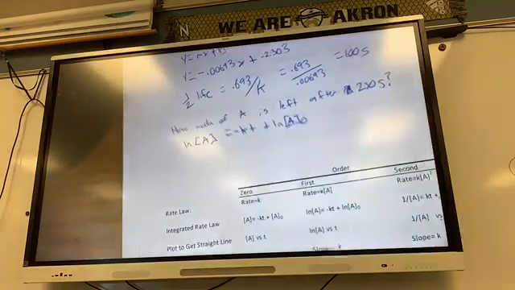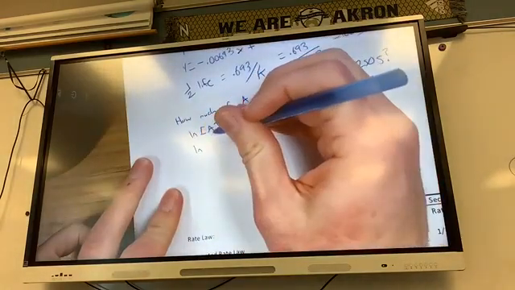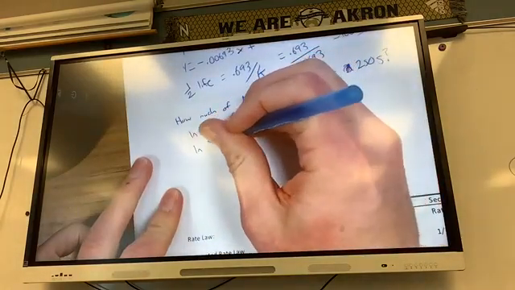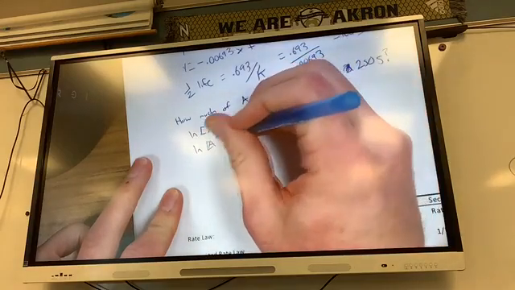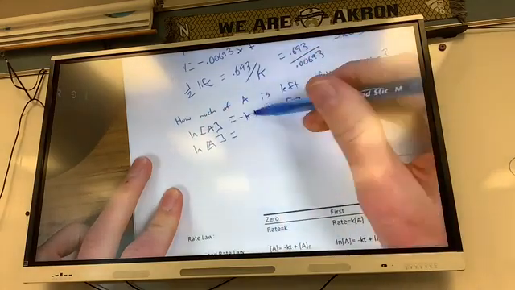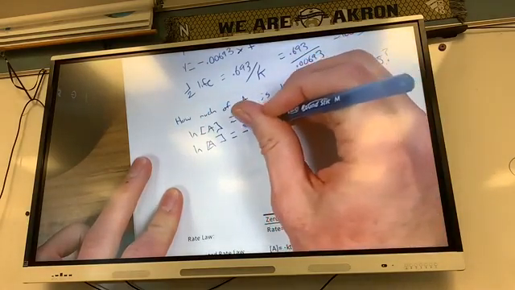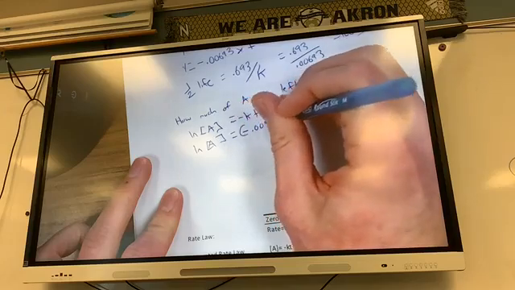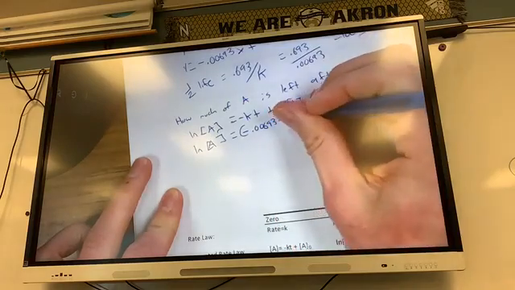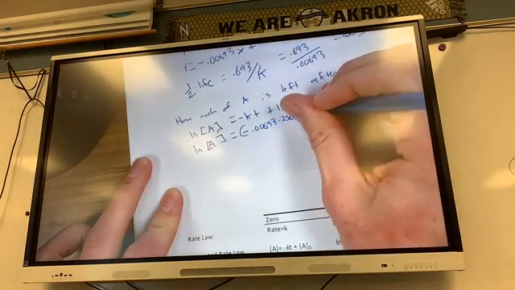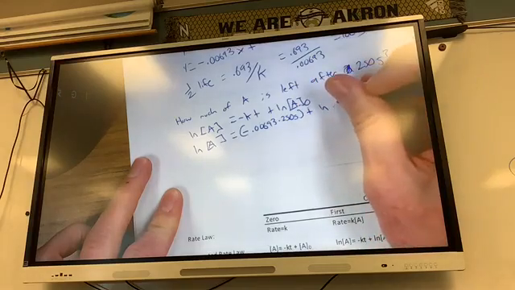So, let's sub in what we know. So the natural log of A is equal to the negative K. So negative, put this in parentheses, 0.00693 times, I'm trying to figure out 250 seconds, in parentheses, plus natural log of... If it's negative K, wouldn't that be?